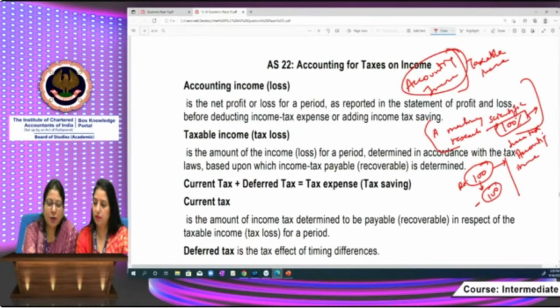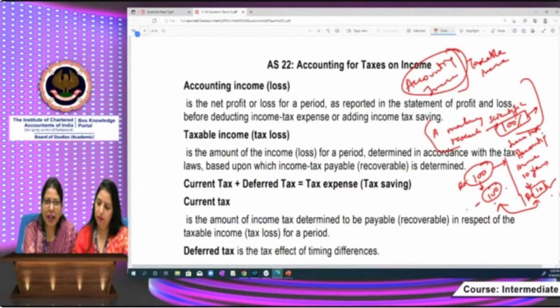let us consider the useful life of this particular asset is 10 years. Then I will claim depreciation of only rupees 10. So under these two situations, my accounting income will be more and my taxable income will be less.